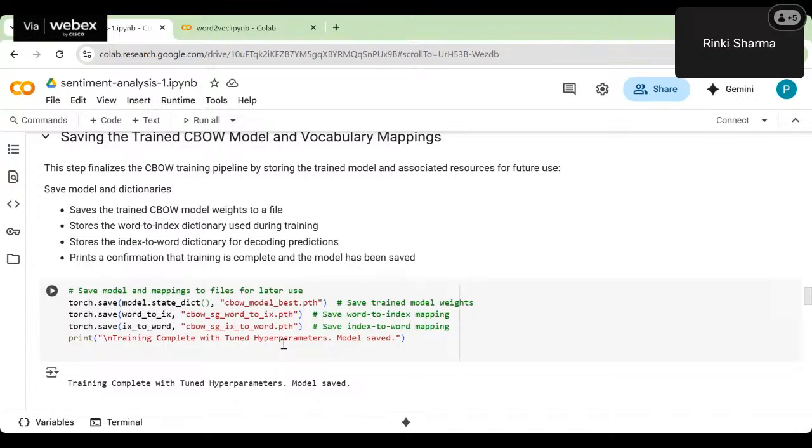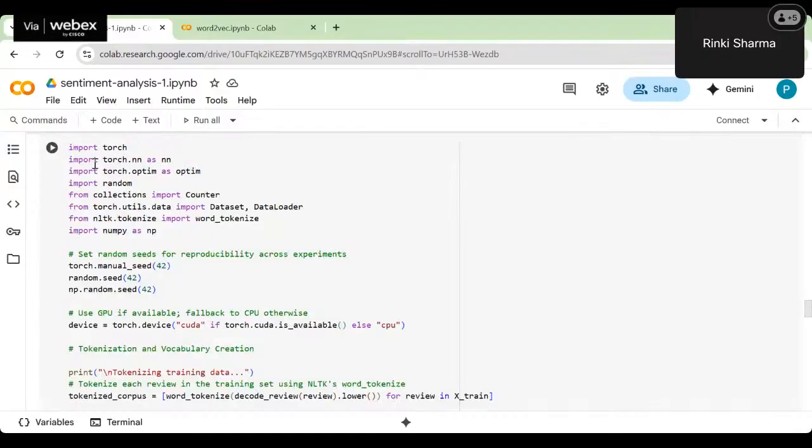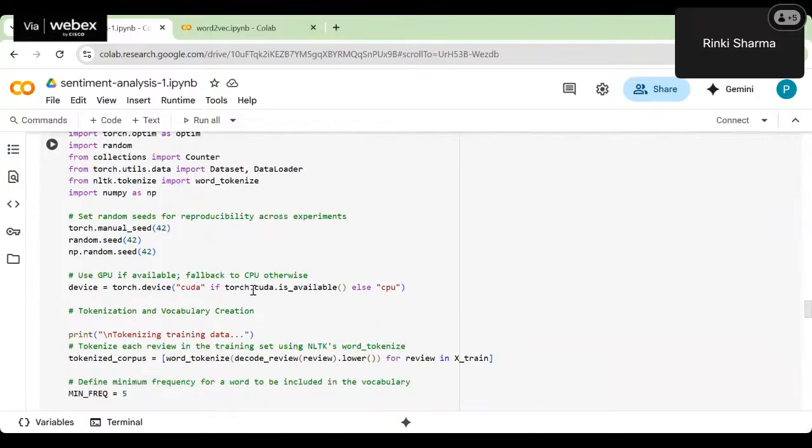Similarly, we did the training of the skipgram model using hyperparameter tuning. This is how the code looks. First, we imported all our necessary libraries. Similarly, we check for the available device, whether CPU or GPU. Now we tokenize our data by converting all the data into lowercase.